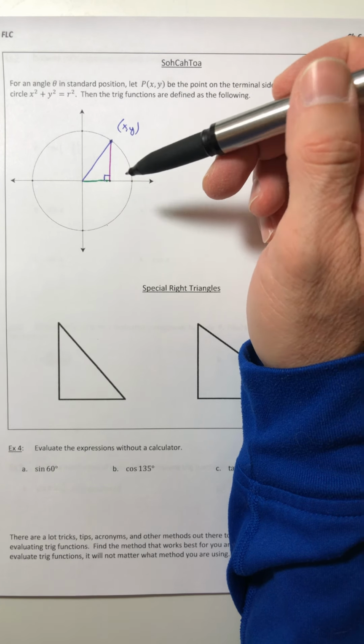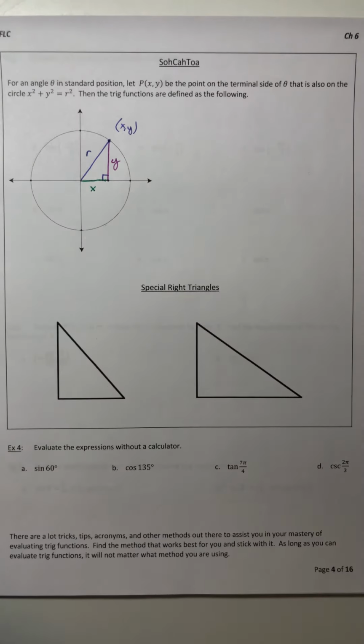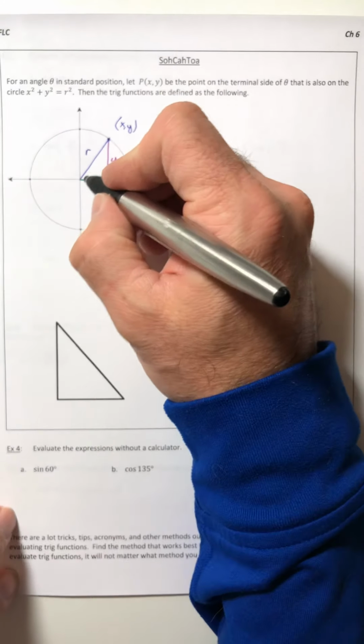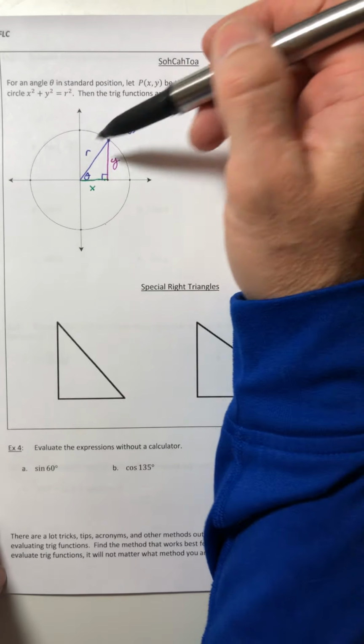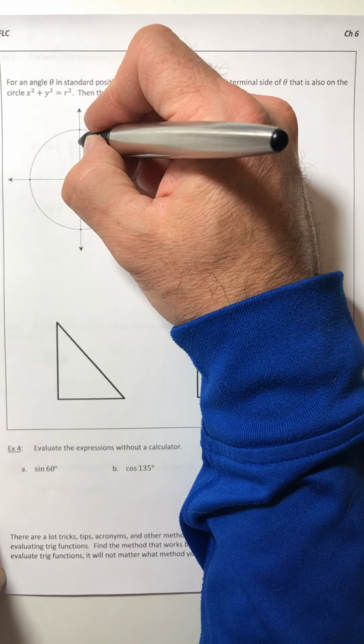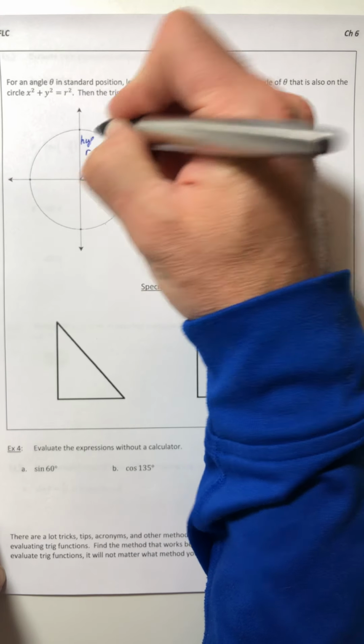Okay, so you have a radius, r. The purple side is y, and the green side is x, because you have to go over x and up y to get to the point. And we still have the angle theta right in there. The r is the hypotenuse.